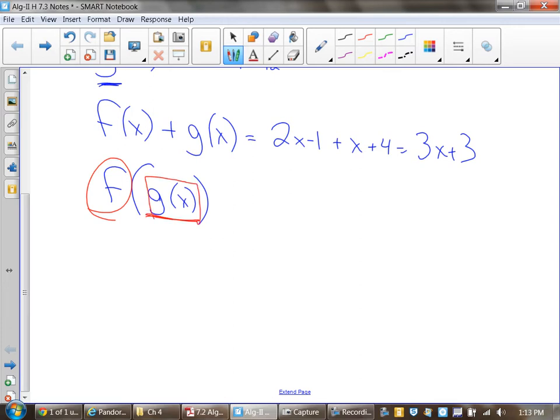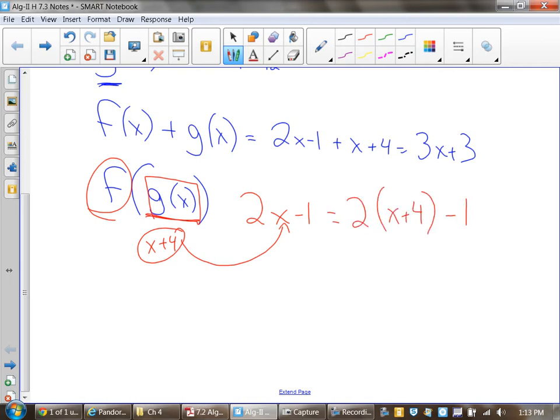So my f equation was 2x minus 1, and my g of x equation was x plus 4. So now I take this and I substitute in for x, and I get 2 times (x plus 4) minus 1. Whatever's in the innermost parentheses of your function notation is what's substituted into this letter's equation.